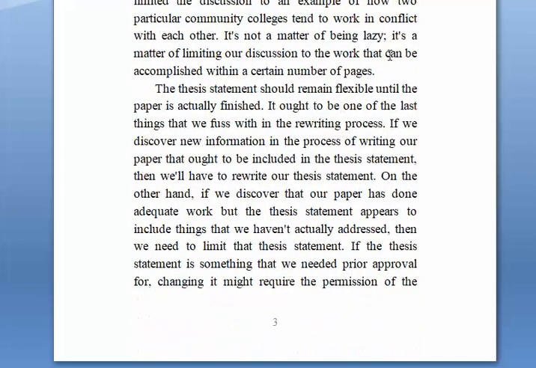The thesis statement should remain flexible until the paper is actually finished. It ought to be one of the last things that we fuss with in the writing process. If we discover new information in the process of writing our paper that ought to be included in the thesis statement, then we will have to rewrite our thesis statement.